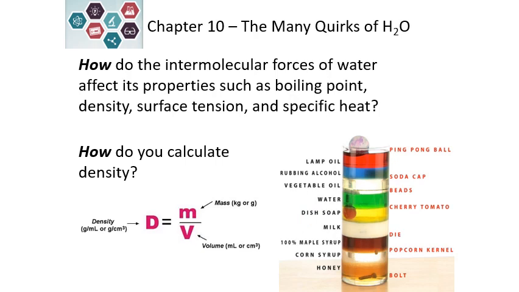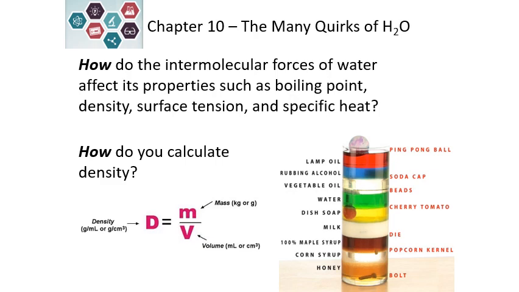Here is a column of different liquids that are all stacked on top of each other based on their density. And there's also some objects that are in this column, and you can roughly tell what their density is based on the layer that they're floating in. So the least dense liquid, the lamp oil, is at the top.